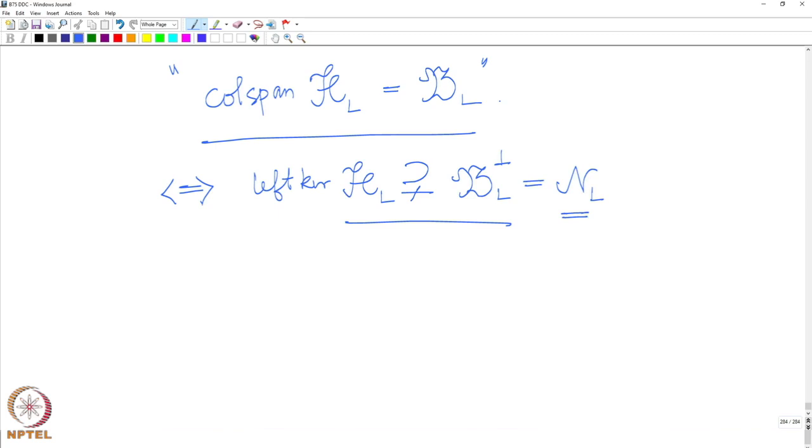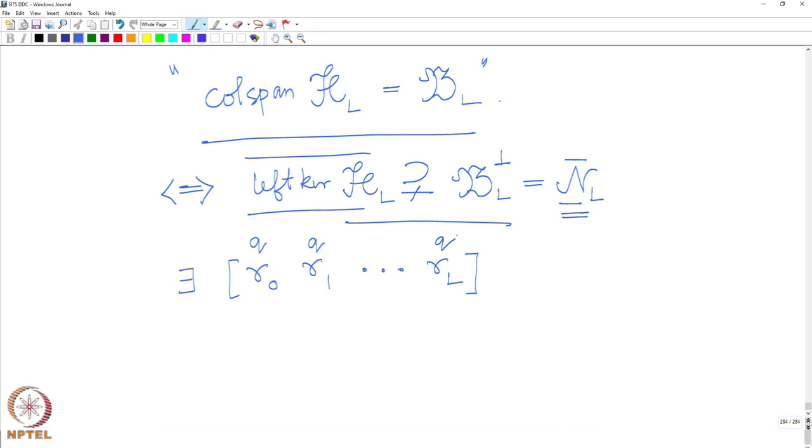However, if the strict containment is there, then this implies that there exists a row vector R0, R1, up to RL. What is this size? This is q size, this is q size, this is q size.